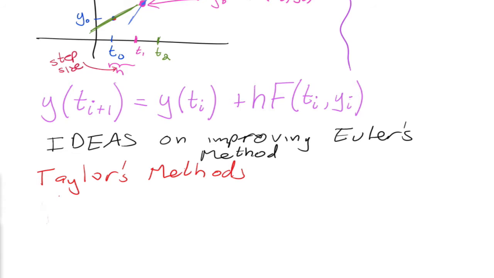The linearization. So if you wanted to use a degree 2 Taylor polynomial, so if you wanted to take a step, what would the Taylor polynomial look like?